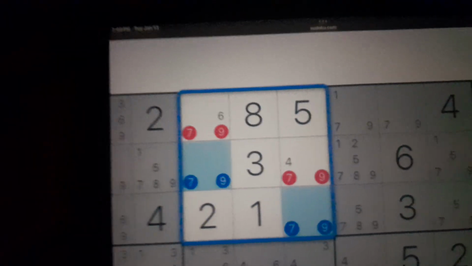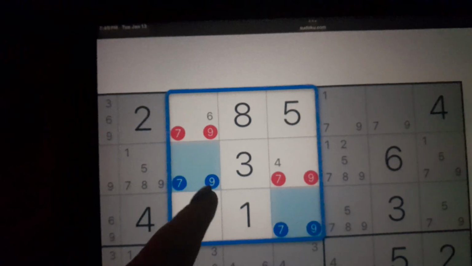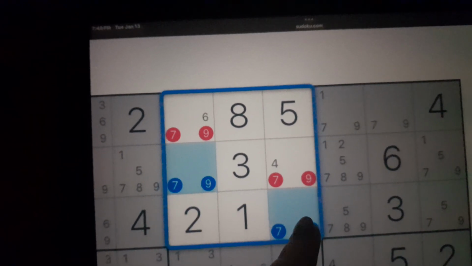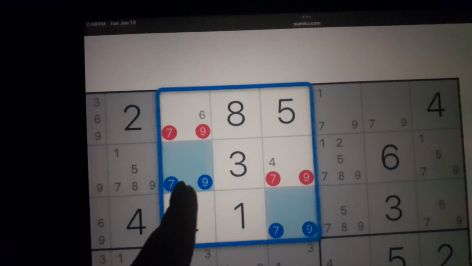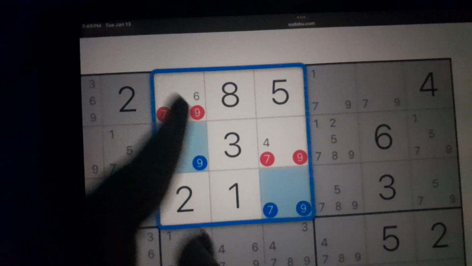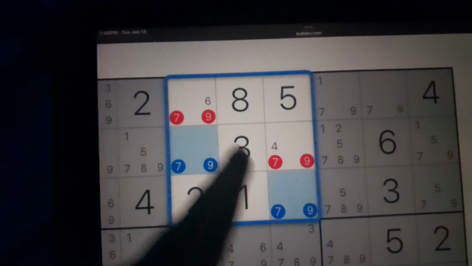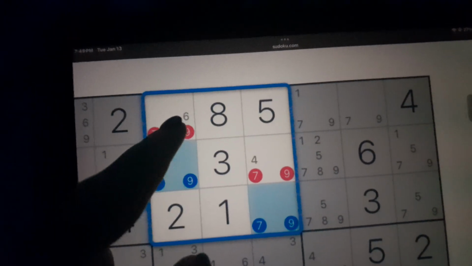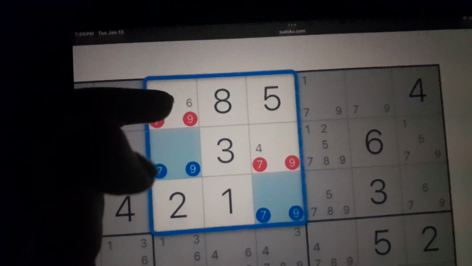You have to do it mentally. But if there is a pair like this, then these two numbers, whatever they are, can be removed as possibilities from any other cell. So in this example, this would leave 6 here and 4 here.